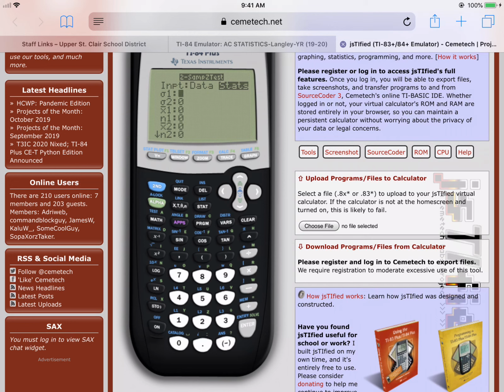That will mean that the diet group standard deviation was 4.1. Exercise group, their standard deviation was 3.7. Now we want the mean for the diet group, which was 5.9 kilograms. And the sample size for that diet group was 42 people.